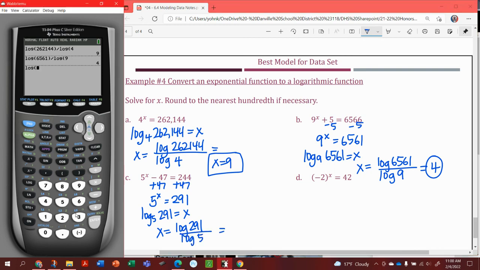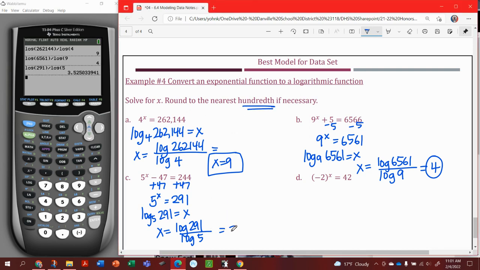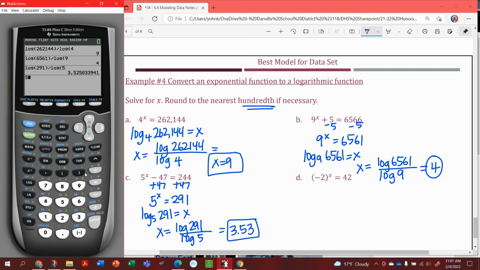If I do that, we get, ooh, this one's a decimal, so to the nearest hundredth, the directions say, 3.53. So 5 to the 3.53 power equals 291. We can check that. 5 to the 3.53 power, notice I get 293, so it's pretty close to 291. We could also plug it into the original equation. If I subtract 47, I should get 244, and I get something very close.